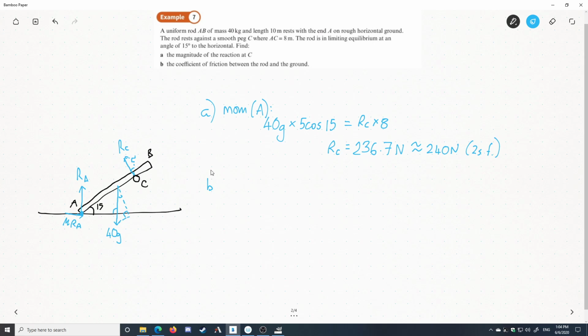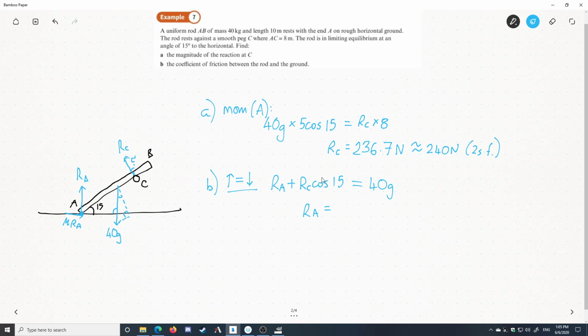Okay, and part B then says the coefficient of friction between the rod and the ground. So here we're just going to draw in the other elements, doing up equals down and left equals right. So if we start with up equals down, then we can see that acting up we've got RA plus RC cos 15, and acting down we've got 40G.